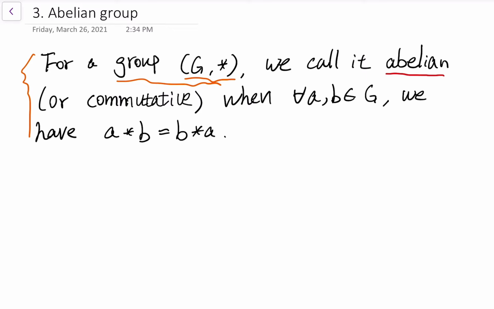We call it Abelian, or sometimes commutative, when for any two elements A and B in G, A star B is equal to B star A. So you can switch the order of the two elements when you do the operation, but the result of those two orders will be the same.